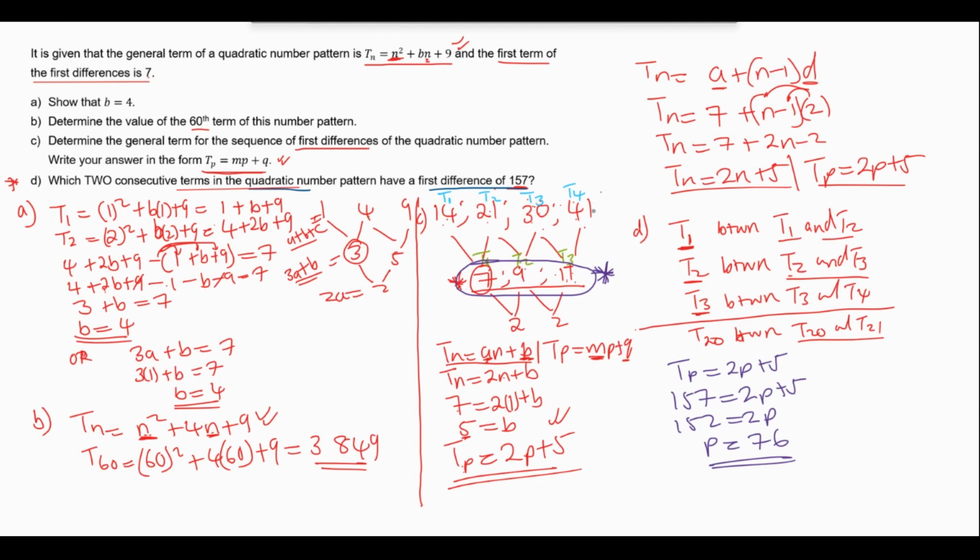It's between which terms in the quadratic number pattern? It will be between term number 76 and term number 77. Therefore, 157 is between T76 and T77.